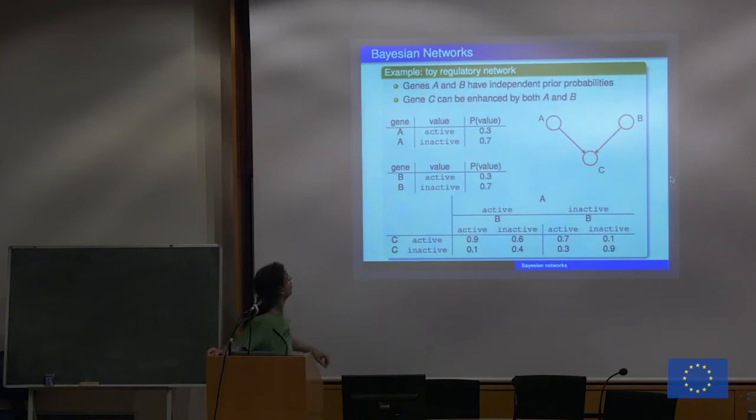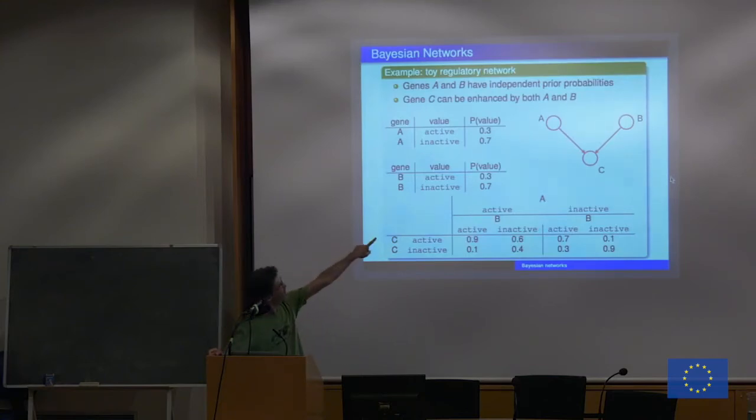So for instance, A takes two values, active and inactive, and their respective probabilities are 0.3 and 0.7. Clearly, they have to sum to 1. The other rule of probability is that when you sum all the values, you have to get 1; this is really a rule for single probabilities, not for combinations.